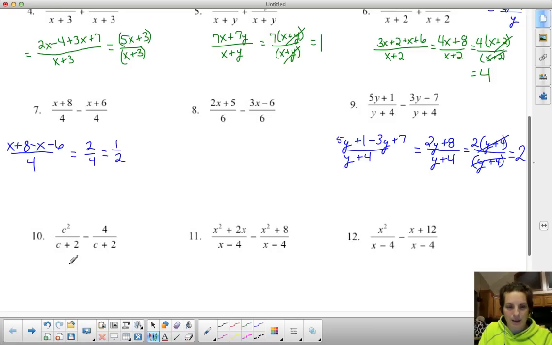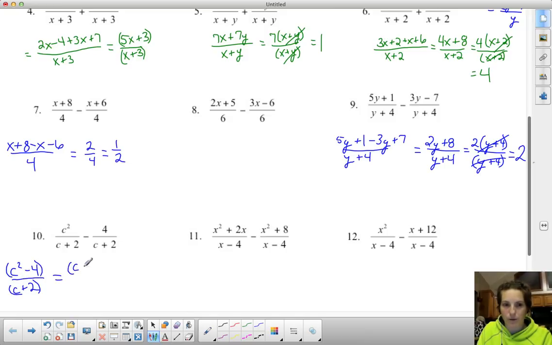Do I have a like denominator? Yes. So let's keep it. Then we would distribute that negative. So c squared, in this case, it's just minus 4. And we always try to simplify. Those quantities are not exactly the same, but I can factor that c squared minus 4.